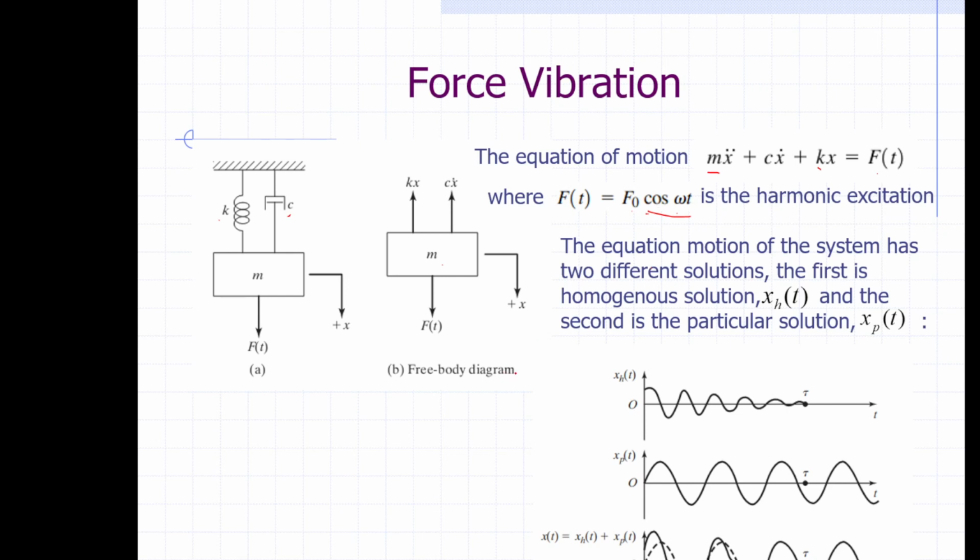So this is the illustration of the solution or the motion of the object, because the equation is linear. You have a homogeneous solution which dies out after a certain period of time, which means the longer the time is, the effect from the homogeneous solution disappears.